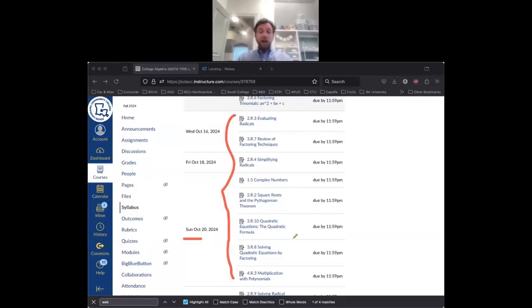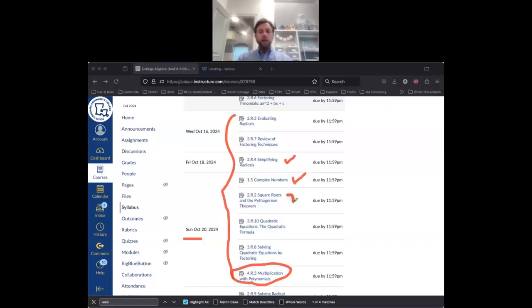Now it looks like it's a lot, and it is. It's a fair amount. Hopefully you're finding it not too terrible. So we're going to finish simplifying radicals and complex numbers tonight. Then this stuff right here, one of them we've already done. That's the good news. You just don't realize you've done it, but we've done it.